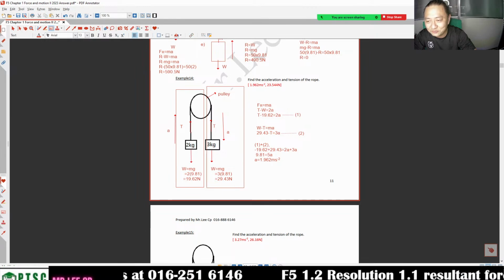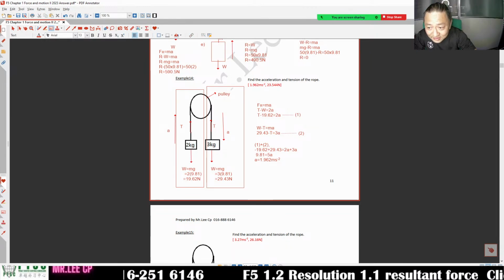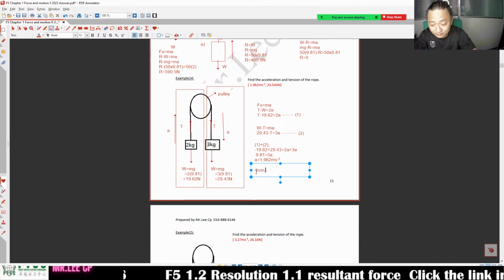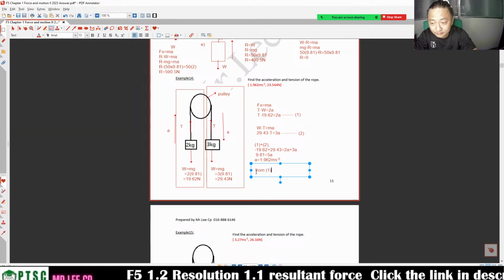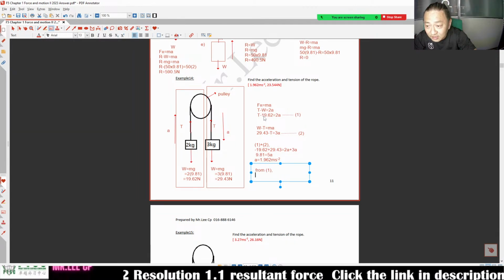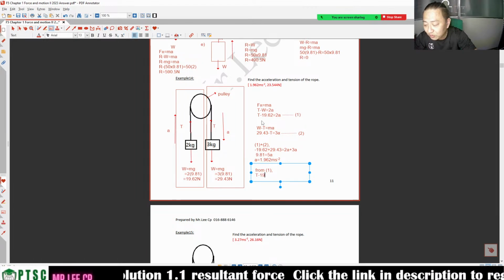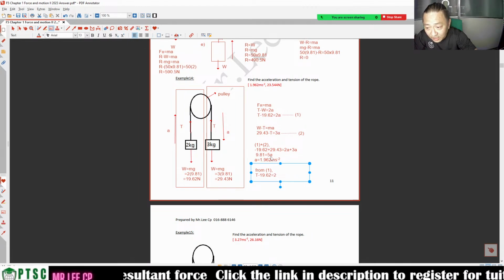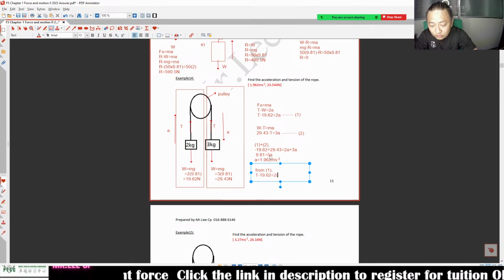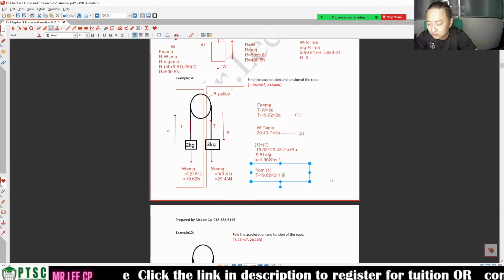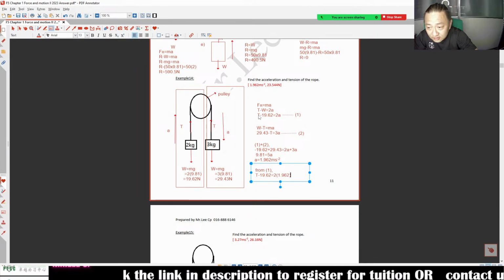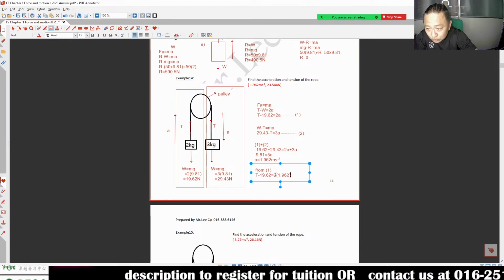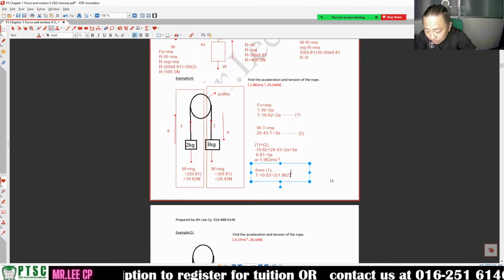All right, now substitute into equation number one. From equation number one, what do you have? T minus 19.62 is equal to MA. M is 2, A is 1.962. So T minus 2A, you bring the 19.62 to the other side.